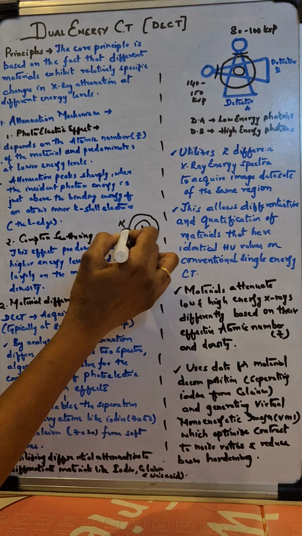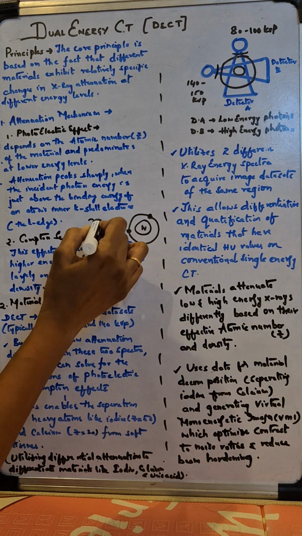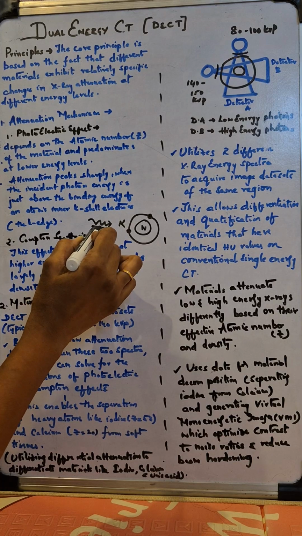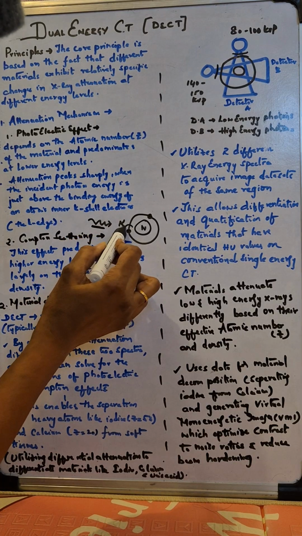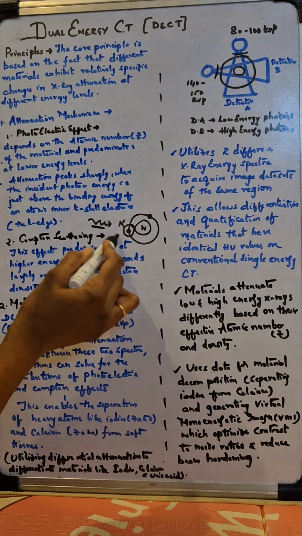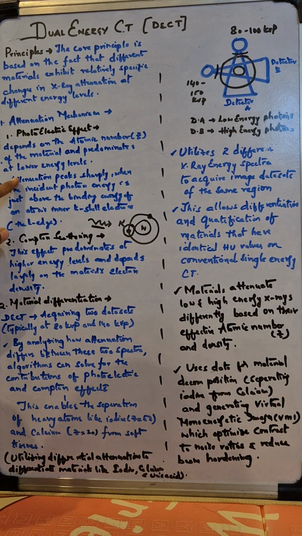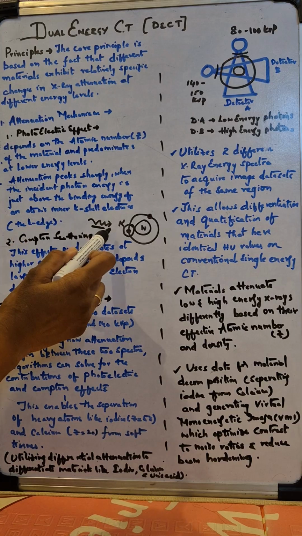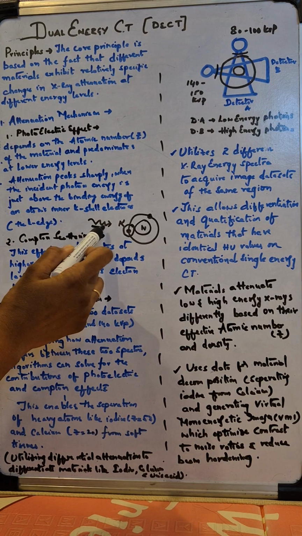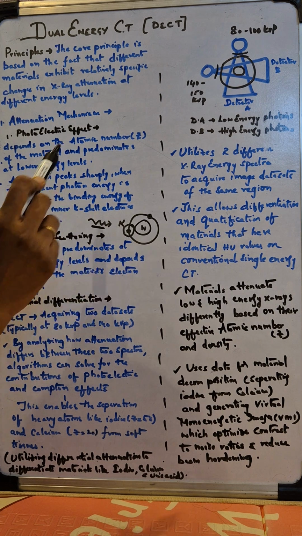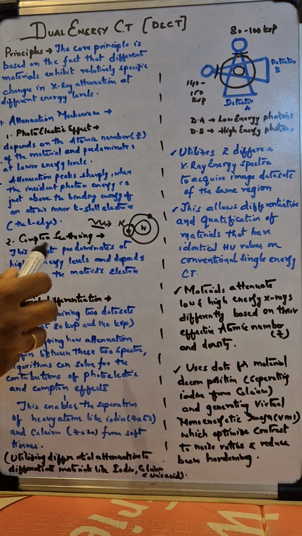We have two electrons in the K shell. From outside we have incident X-rays. The energy of this photon should be more than the binding energy of this electron. Then only it can remove this electron. So the attenuation peaks sharply when the incident photon energy is just above the binding energy of an atom's inner shell electron. This is the K edge.